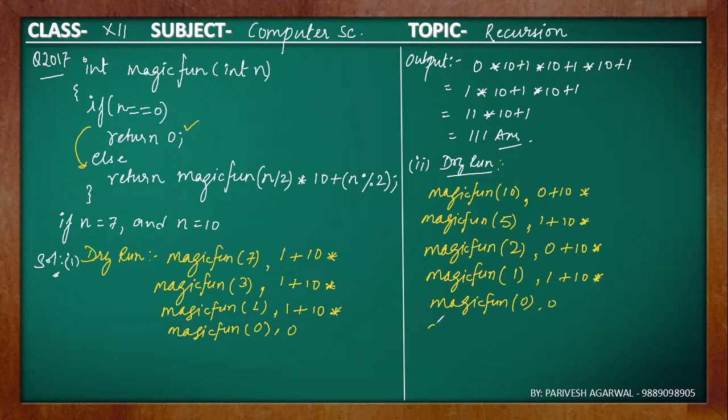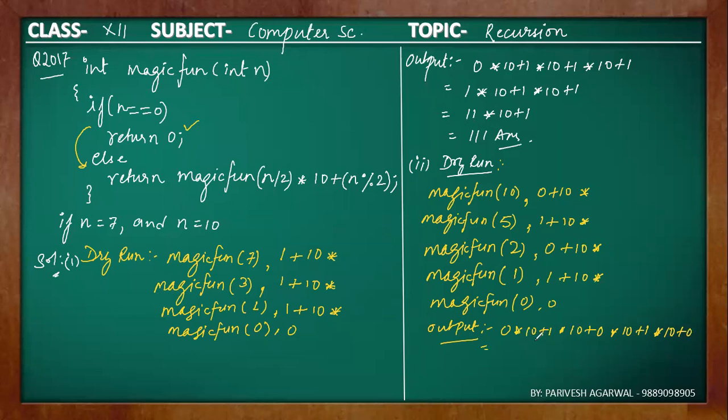Now by the LIFO concept, the output in the reverse order is: 0 multiply 10 plus 1, multiply 10 plus 0, multiply 10 plus 1, multiply 10 plus 0.